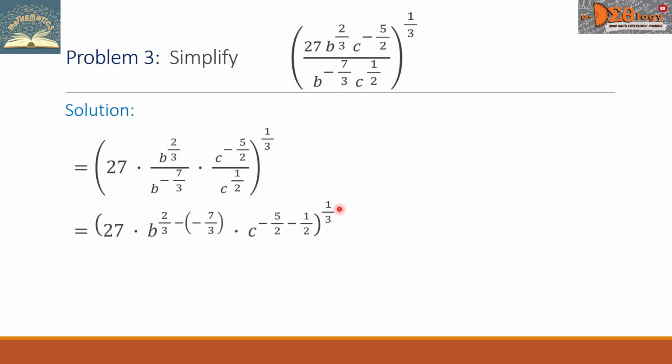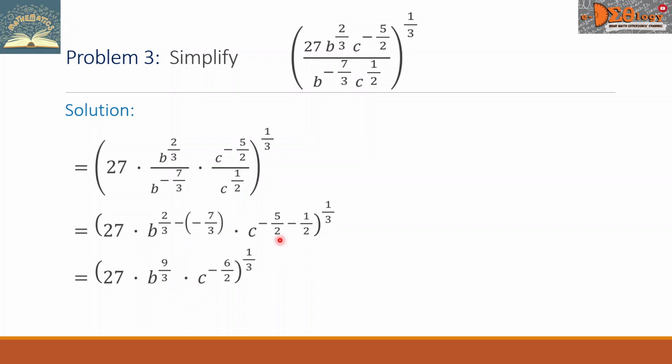Let us now simplify the fractions. We copy the 27, then 2 over 3 minus the negative 7 over 3. Negative and negative becomes plus, so we have 2 plus 7 becomes 9 all over 3.